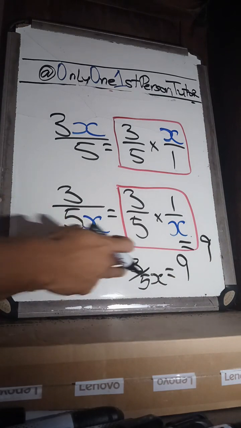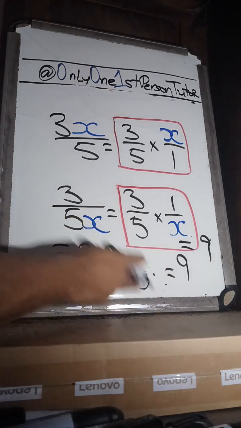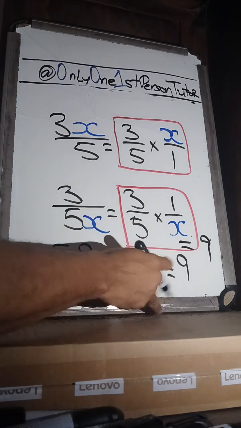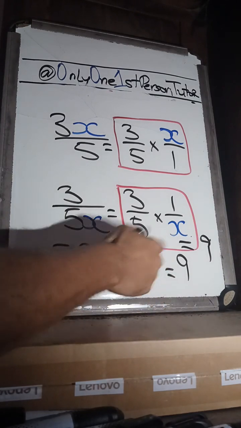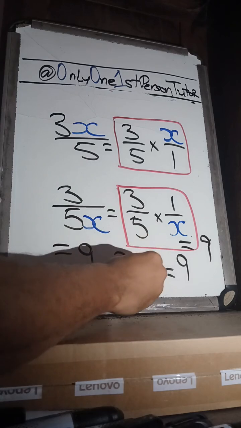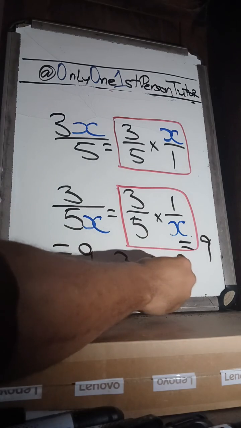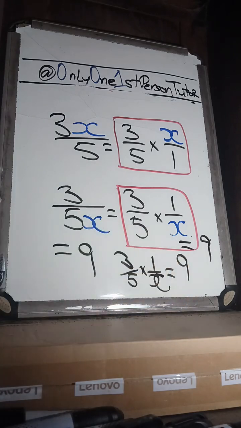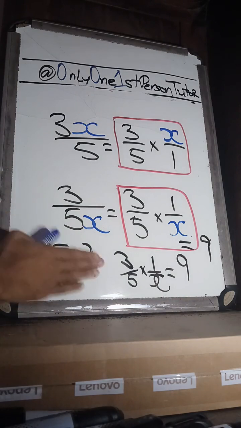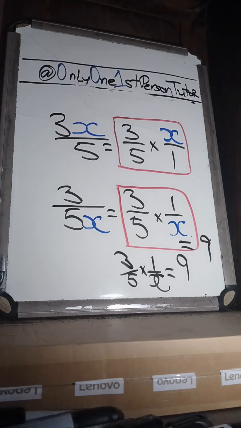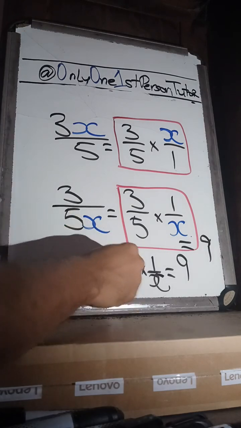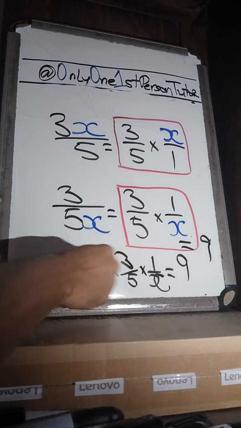What you want to do is, just so we're clear, you do it one at a time, so that it doesn't confuse you. Multiply it by 5/3 first.